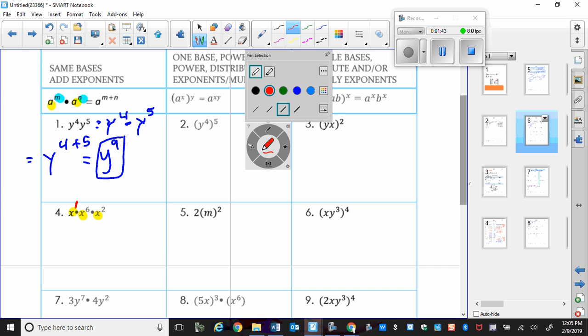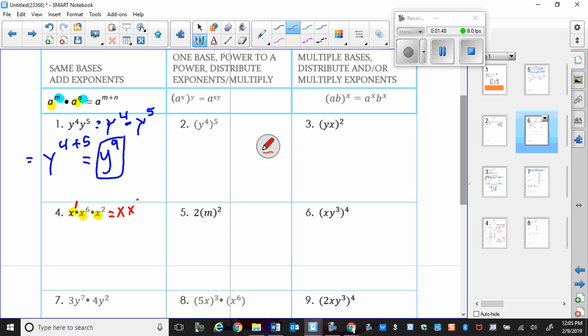We could see it like this. We could also see it like x, x to the 6th, x squared. Regardless, what we should end up doing is saying, put a 1 up there, x to the 1 plus we're adding those exponents, and we end up with x to the 9th power. Okay?